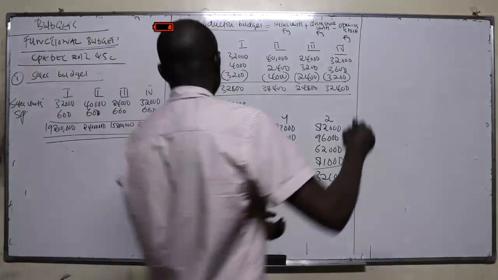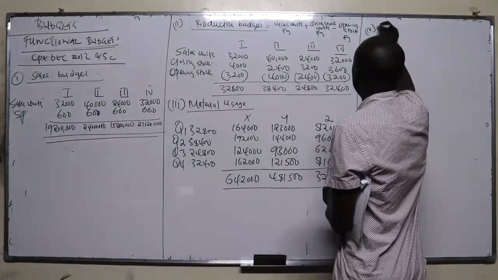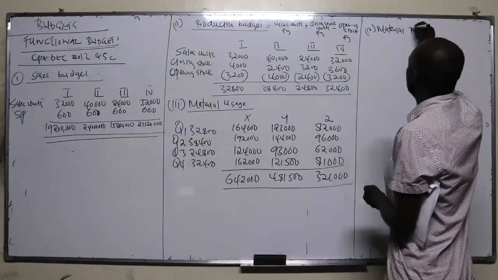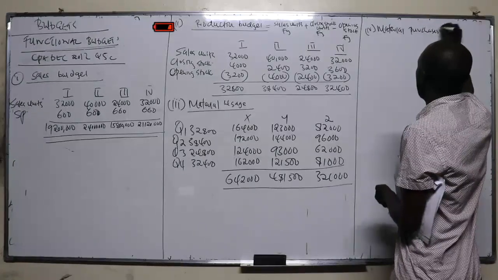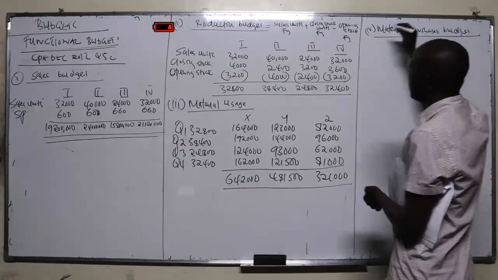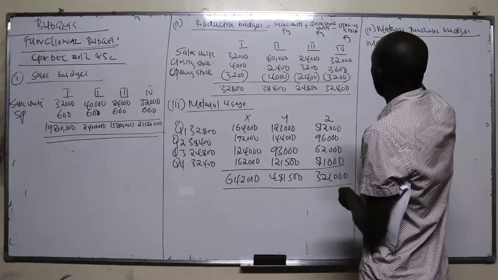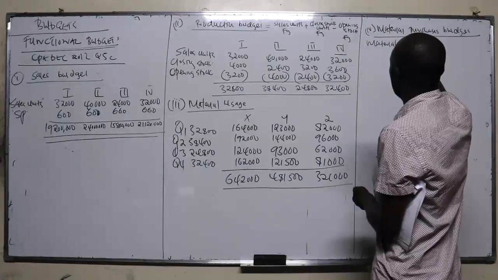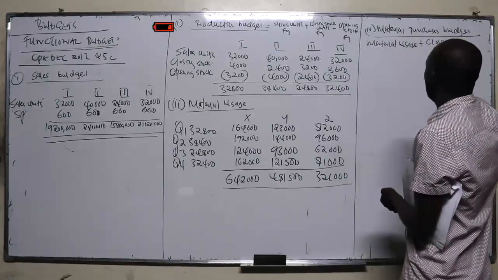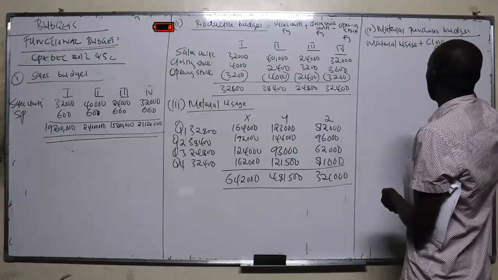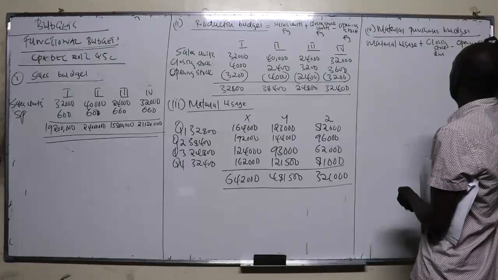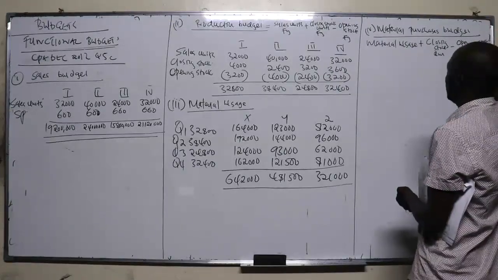And then lastly, material purchases budget. Number 4, material purchases budget. So material purchases is equal to material usage plus closing stock raw material minus opening stock raw material.